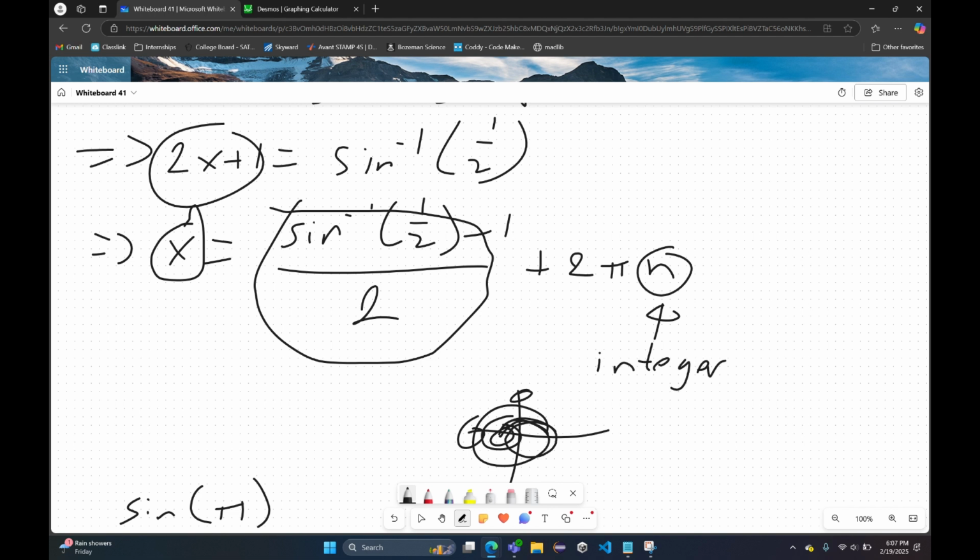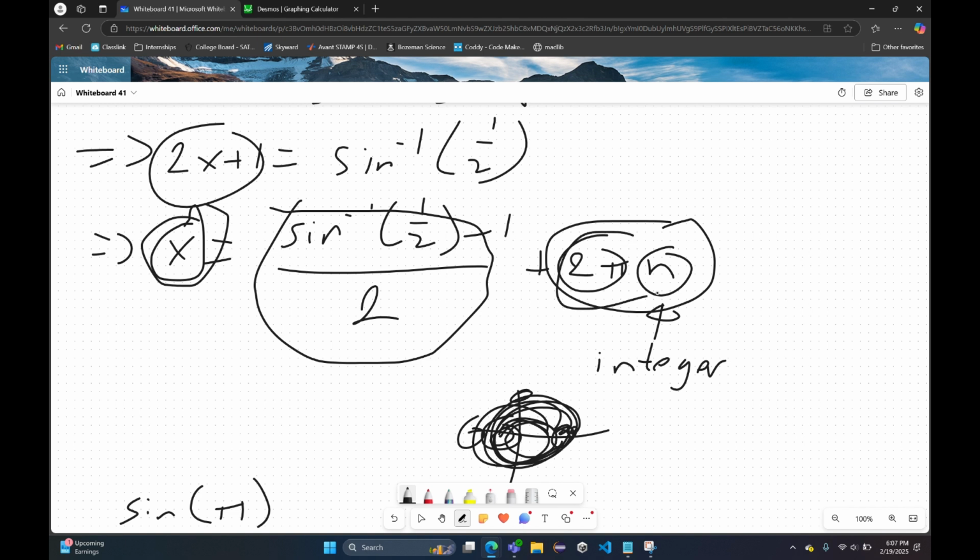So if you add 2 pi to this, go around the circle, you end up in exactly the same place. An integer number of times, doesn't matter how many times you go around the circle, as long as you go around it exactly once each time, you're coming back to the same place. So every time you solve a trigonometric equation and use the inverse trigonometric function to get an angle, you're just going to add this onto it because it's the exact same thing. And the equation holds true at any of these points.